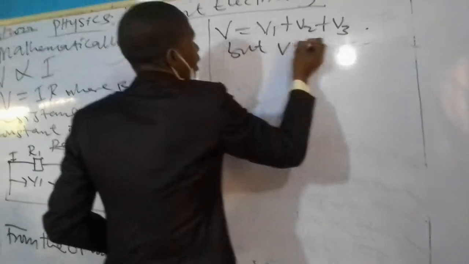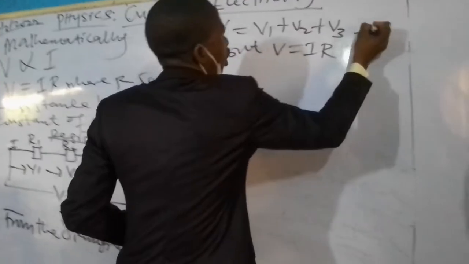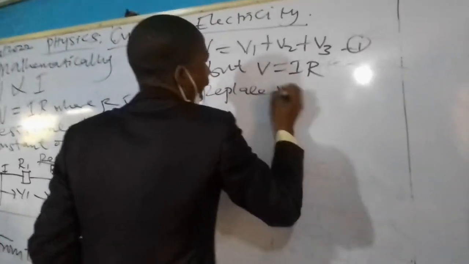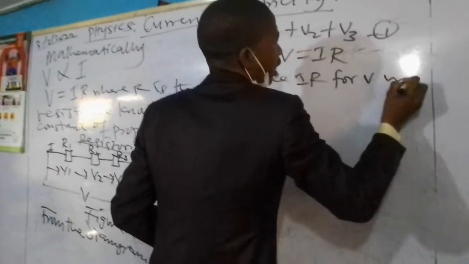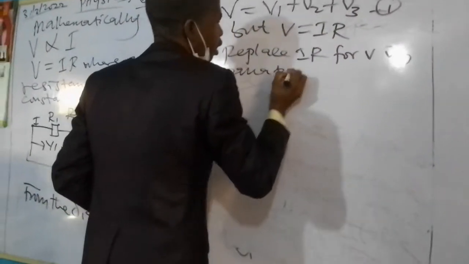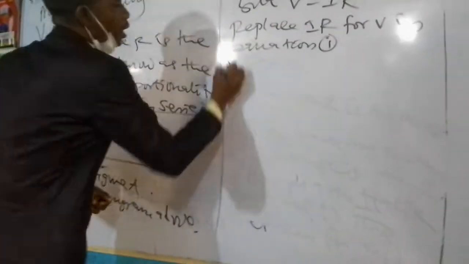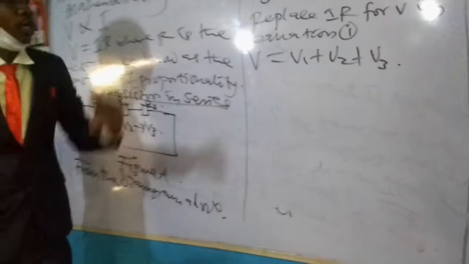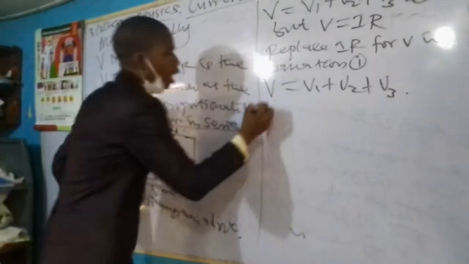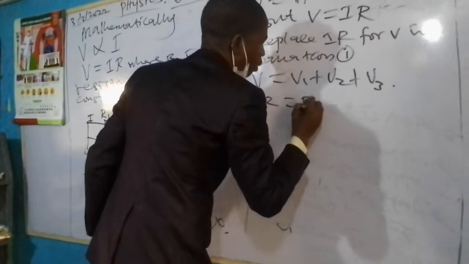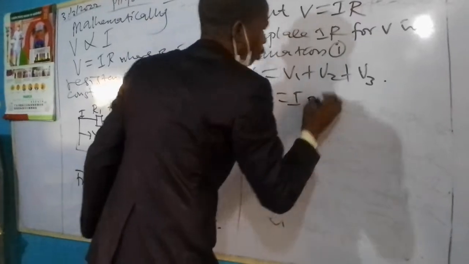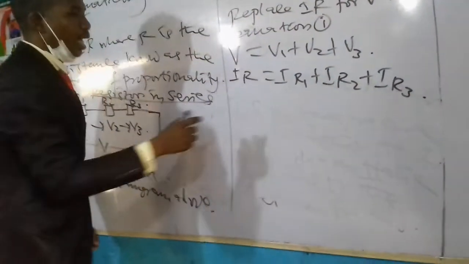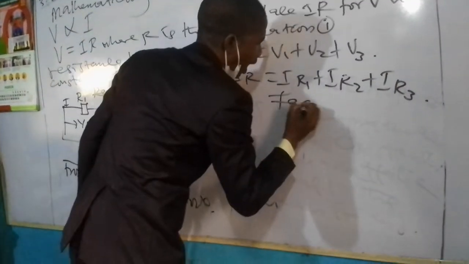But V is equal to IR. Let us call this equation 1: V equals V1 plus V2 plus V3. Replace V with IR according to Ohm's law. Then we have IR equals IR1 plus IR2 plus IR3. I is common to both sides, so let's factorize.